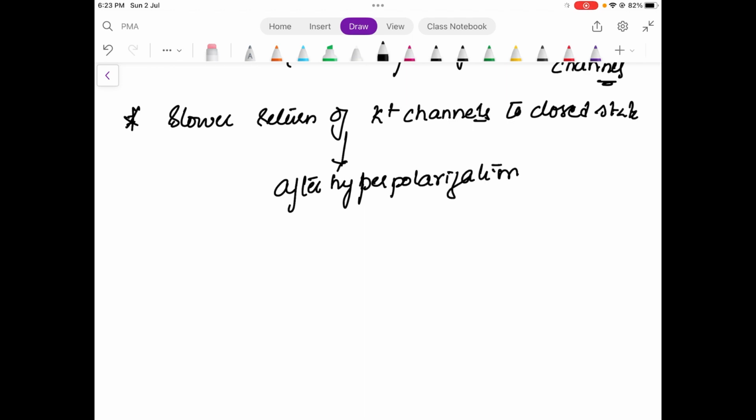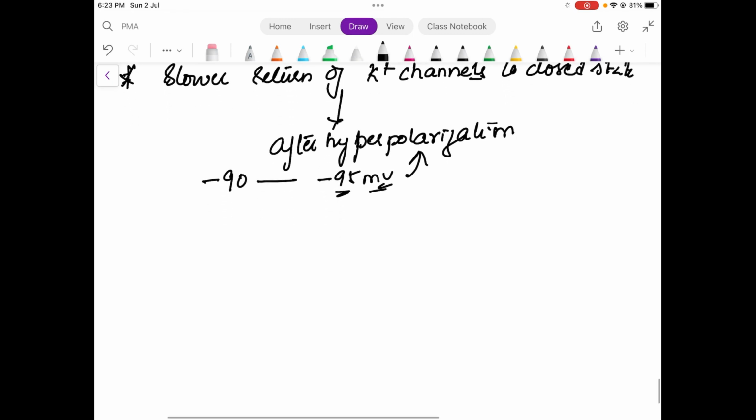That means the potential will move from minus 90 to minus 95, 96, like that. From minus 90 it will overshoot downside to minus 95 millivolts. This is called after hyperpolarization, and after hyperpolarization they will come back to resting membrane potential.